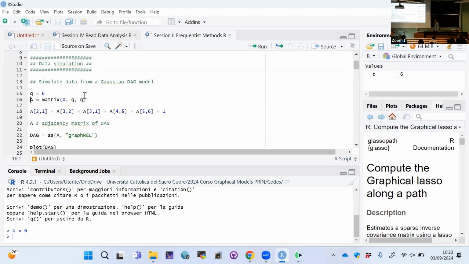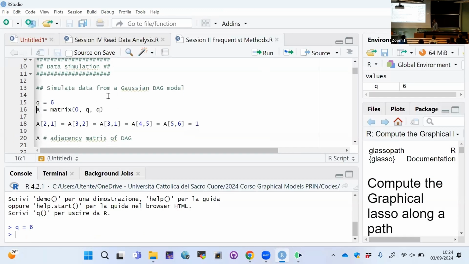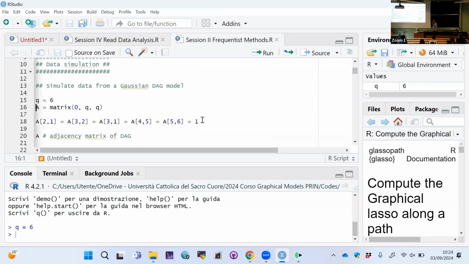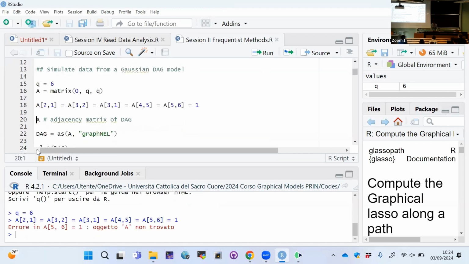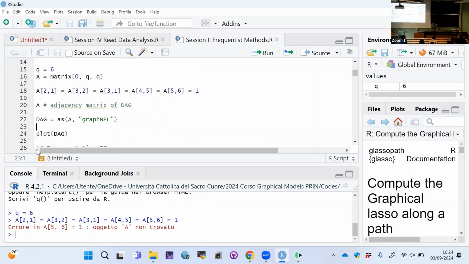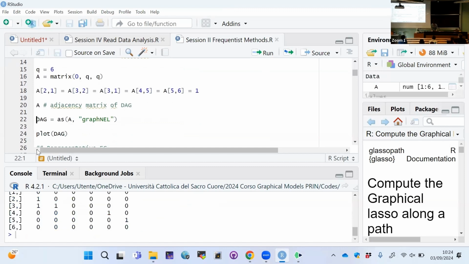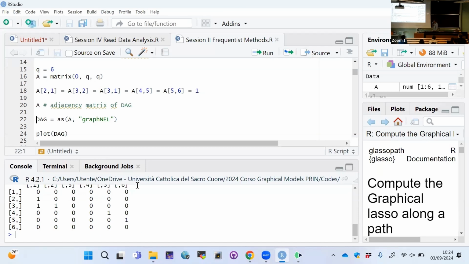Okay, and I will start by constructing the adjacency matrix of the DAG. Let me call this matrix A, and then I will fix the entries as 1 for these coordinates, for example, (2,1), (3,2), and so on. So at the end, this is the adjacency matrix of my DAG. There are several libraries that can be used to plot a DAG.